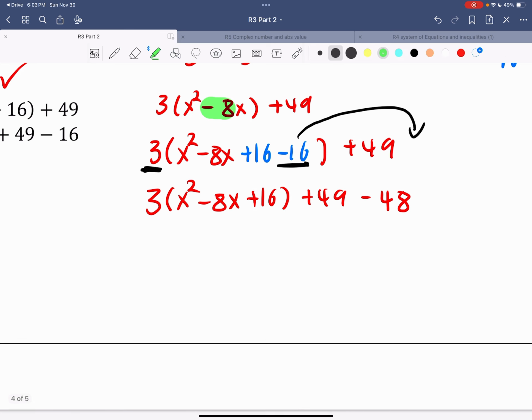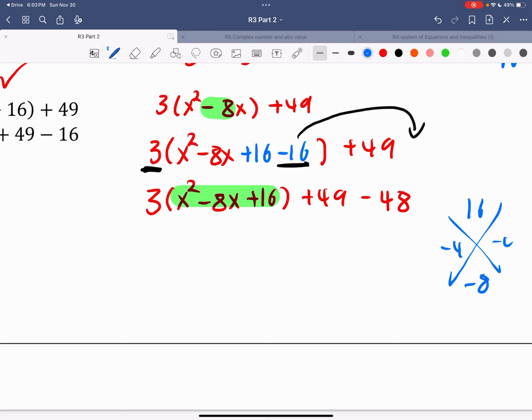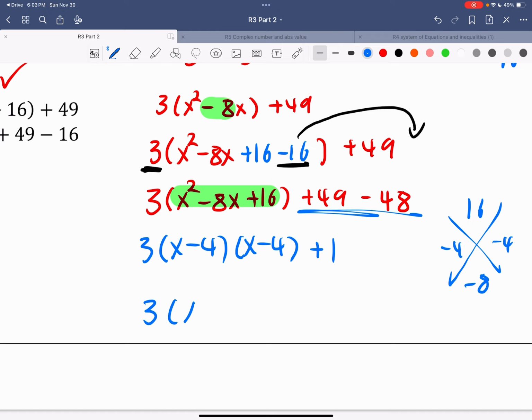And now you gotta factor the inside. Do you see 16 on the top, negative 8 on the bottom? Negative 4 and negative 4 will give you this option. So it's going to be 3 times (x minus 4) squared, and 49 minus 48 is going to be plus 1. So you have 3(x minus 4) squared plus 1.